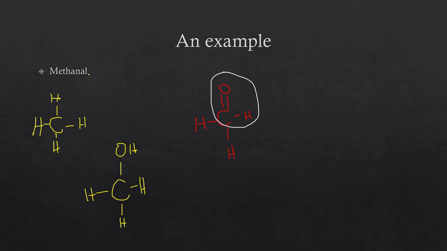We can also see that methanal ends with an "al", which is key for us to know if it's an aldehyde or something else. For example, methanol ends with an "ol", which tells us that's an alcohol. Methanal ends with an "al", which tells us that it's an aldehyde. Methane ends with an "ane", which tells us it's an alkane.